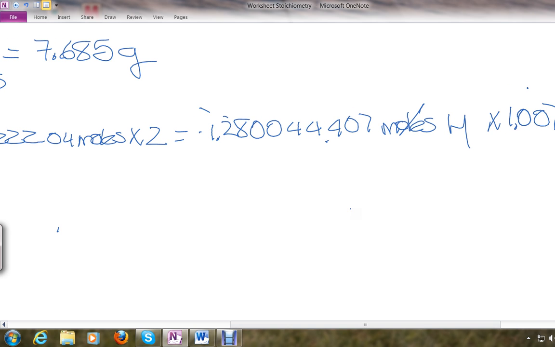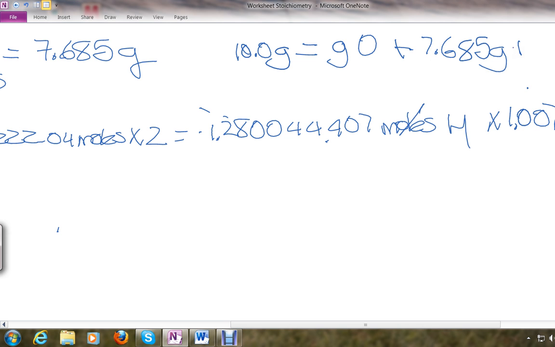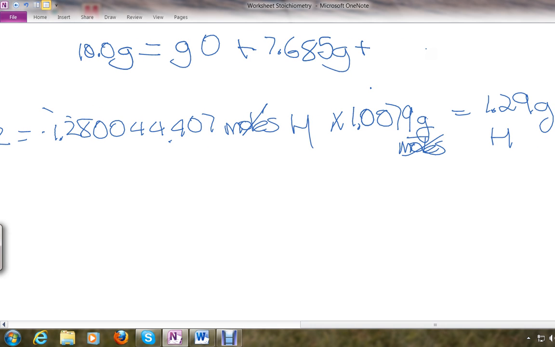Okay, the total mass of the sample is 10.0 grams, which equals the grams of oxygen, that's what we're trying to find out, plus the grams of carbon, 7.685 grams, plus the grams of hydrogen.